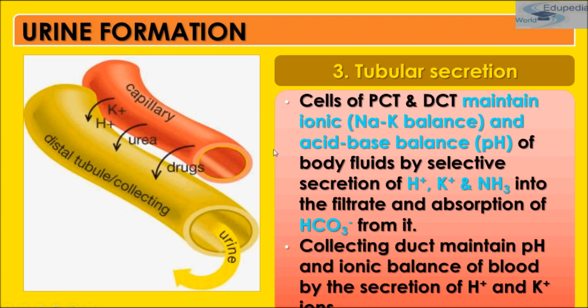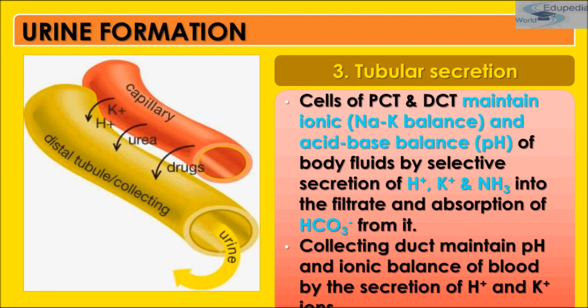And you can say that the collecting duct maintains pH and ionic balance of blood by the secretion of H+ and K+ ions. Now, what is the role of the collecting duct in the third stage of urine formation, that is tubular secretion? The collecting duct is a long duct that extends from the cortex of the kidney to the inner part of the medulla.